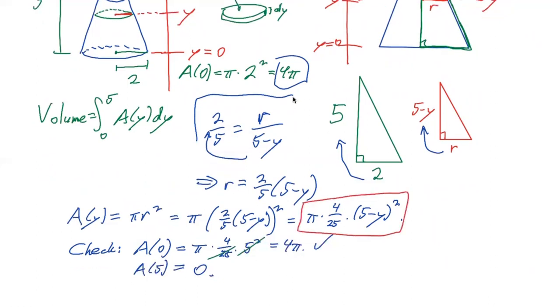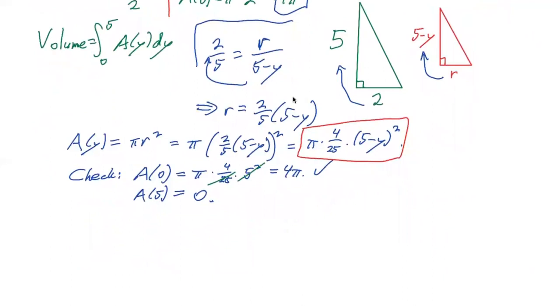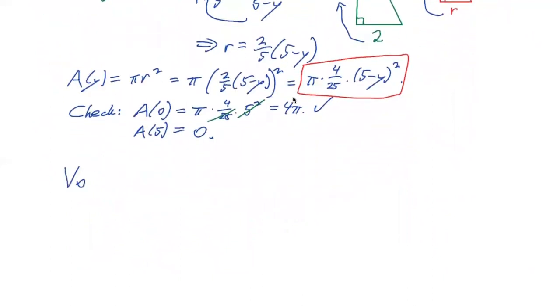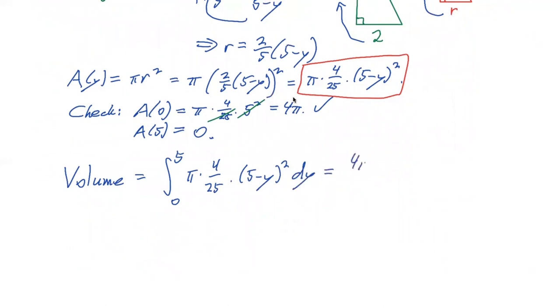It looks a little bad, but let's see if we can actually compute the volume now. It's the integral from 0 to 5 of pi times 4 over 25 times 5 minus y quantity squared dy. You could pull out the 4 pi over 25, right? We just want to compute this real fast.